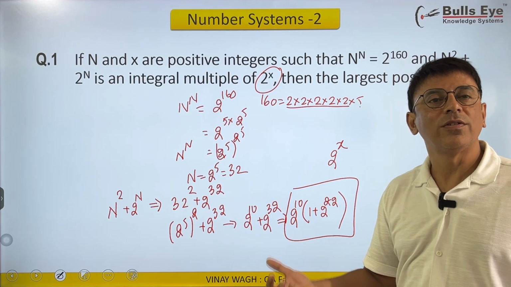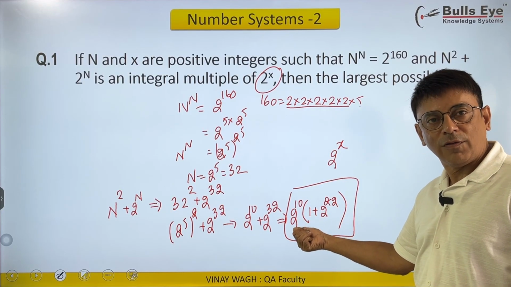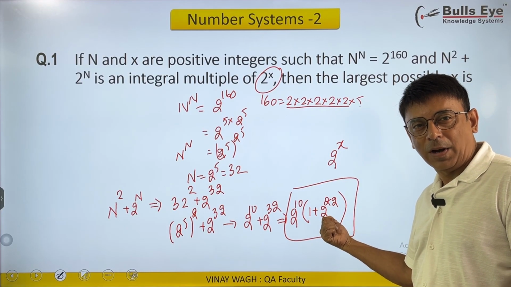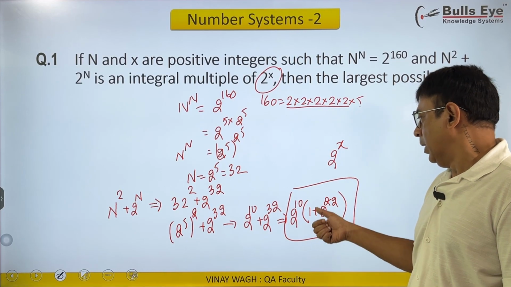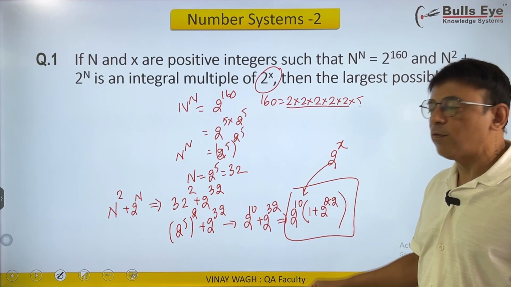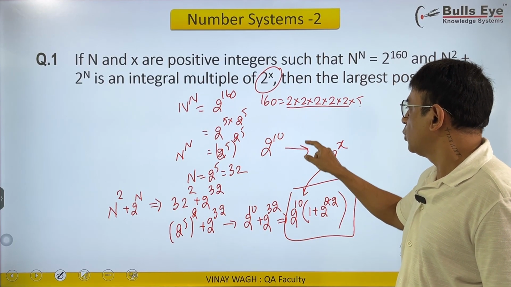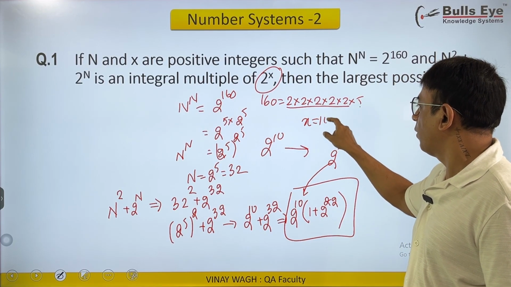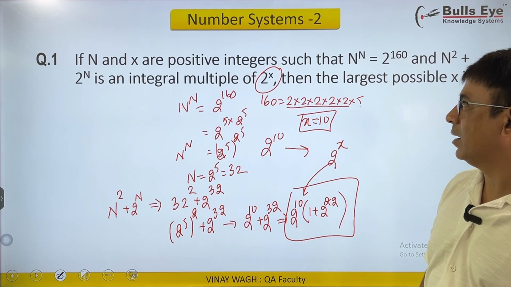We know 2 raised to x is an even number by all means. And this is a product of an even and an odd. The bracket is odd, because 1 plus an even number is always odd. So that goes to say that 2 raised to x can only take the form of 2 raised to 10, and that allows us to prove that the maximum possible value of x is 10, and hence the answer is x being 10.